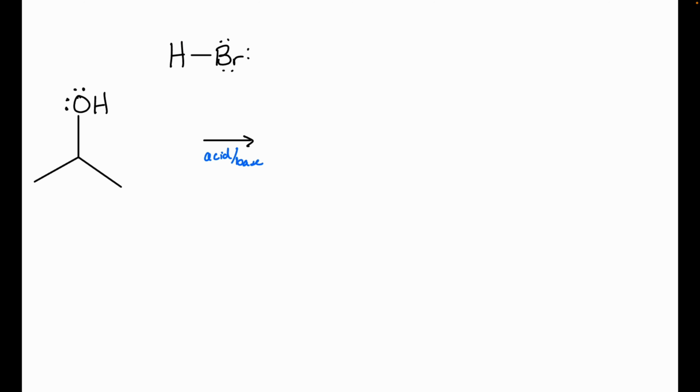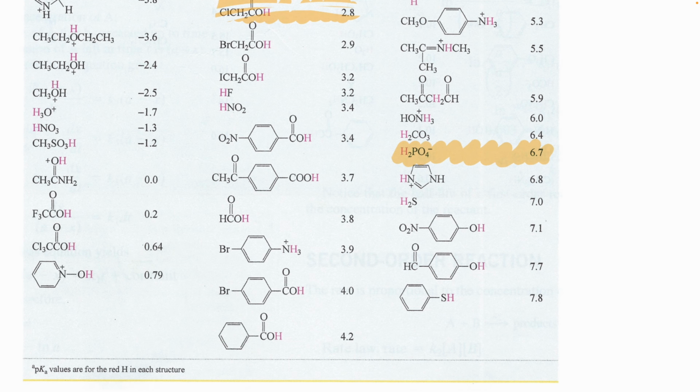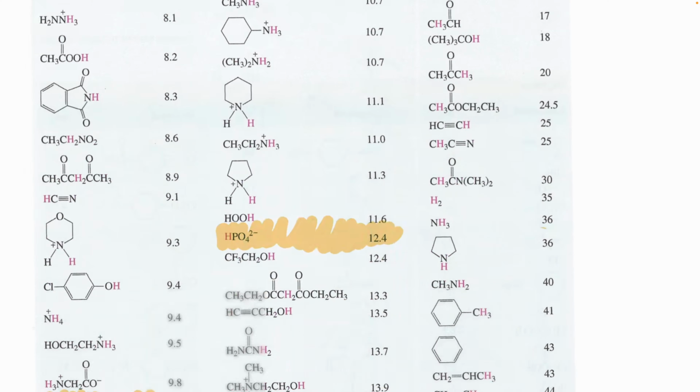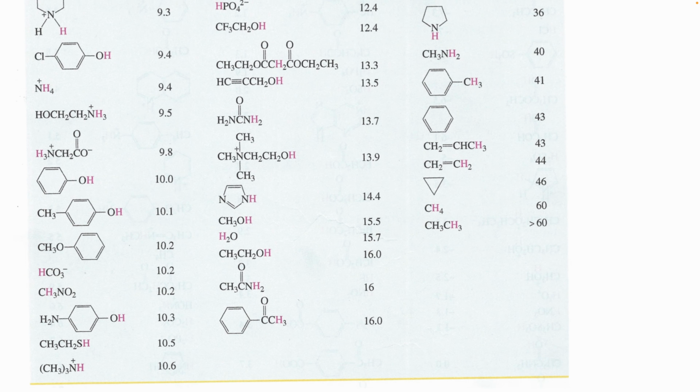pKa's, right? So let's go and look up our pKa for HBr. HBr's got a pKa of -9. If we look at our alcohol, we can't find that exact alcohol, but we can note that alcohols typically, ethanol, methanol, OHs are around 15 to 16.